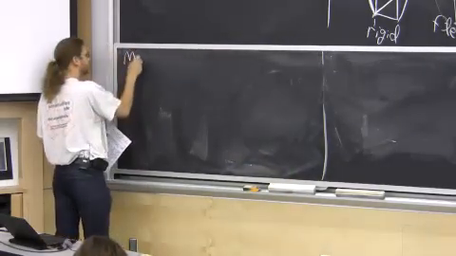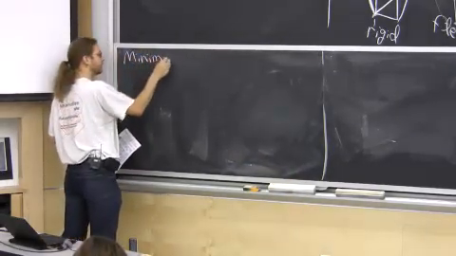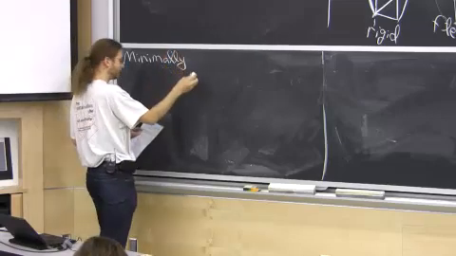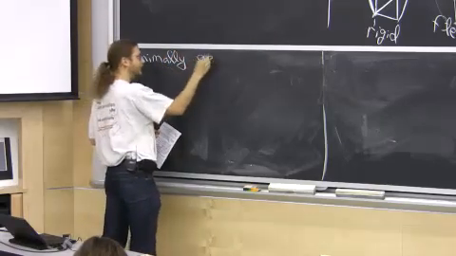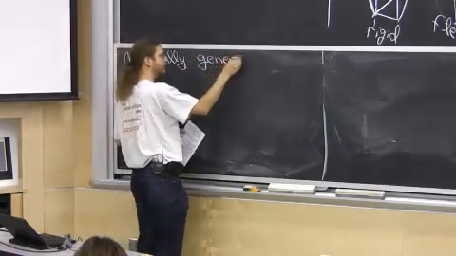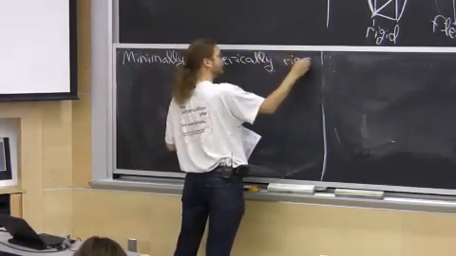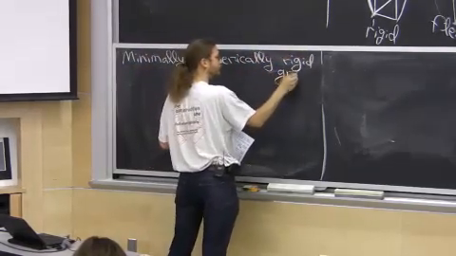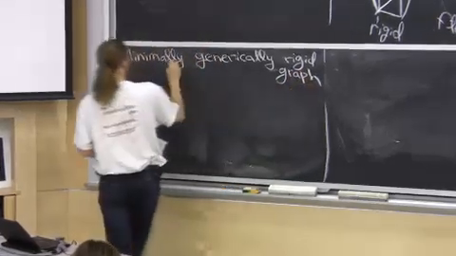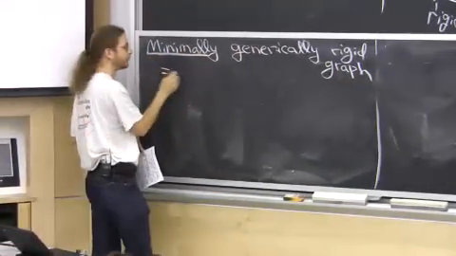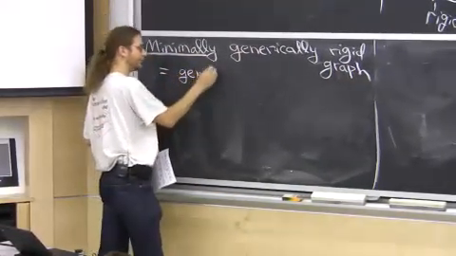Okay, we need one more notion. It's just a real long-winded thing. Minimally, generically rigid graph. So the new addition here is minimally. This is going to be some generically rigid graph.